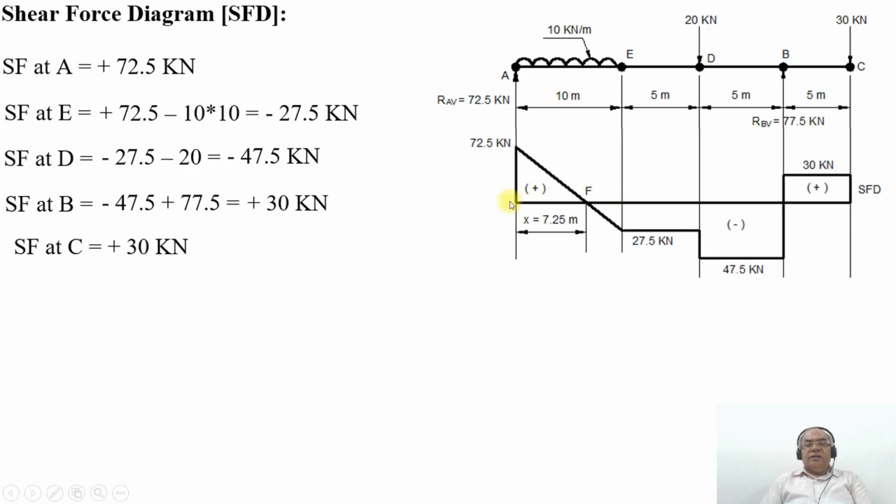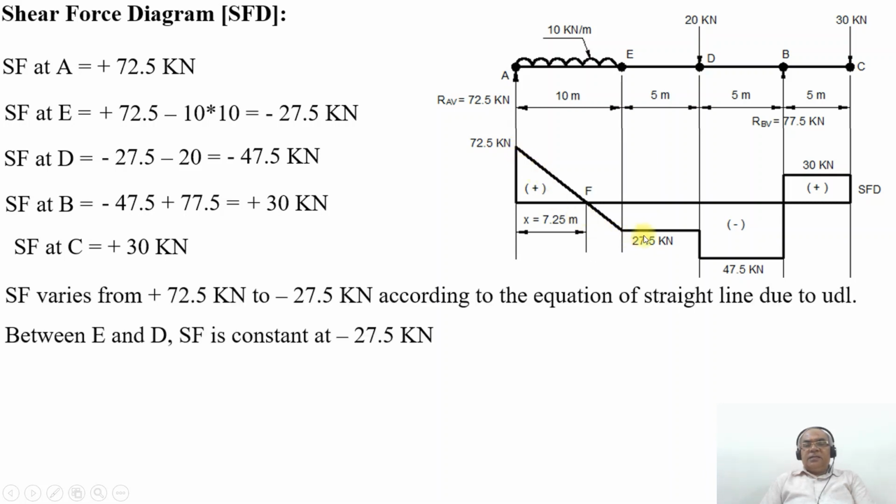So you can see here, SF at A is 72.5 and it reduces to minus 27.5 kilonewton according to the equation of a straight line due to UDL. Between E and D it remains constant, and at D, SF is minus 47.5 kilonewton, a sudden variation due to point load.